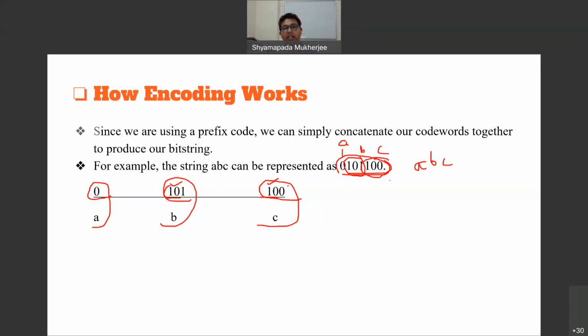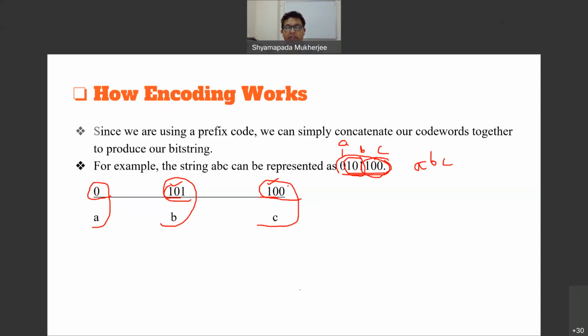So in this way, this prefix code will help us understand which is the initial code word, and as these are prefix codes, there will be no code as a substring or the prefix of any other code. So we can easily interpret which code word is being represented.